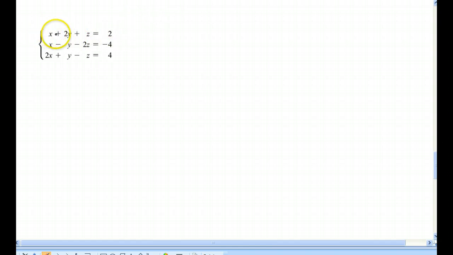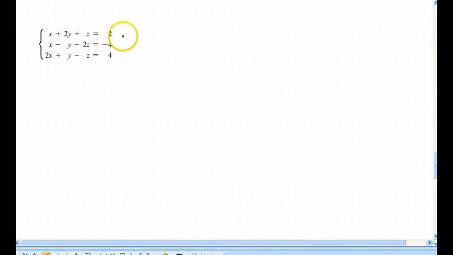So I've got a positive x, a positive x, a positive 2x, a 2y, a negative y, a positive y. In my opinion, it would be easiest to eliminate either y or z here, just because of the sign changes. We won't have to multiply anything by negatives.